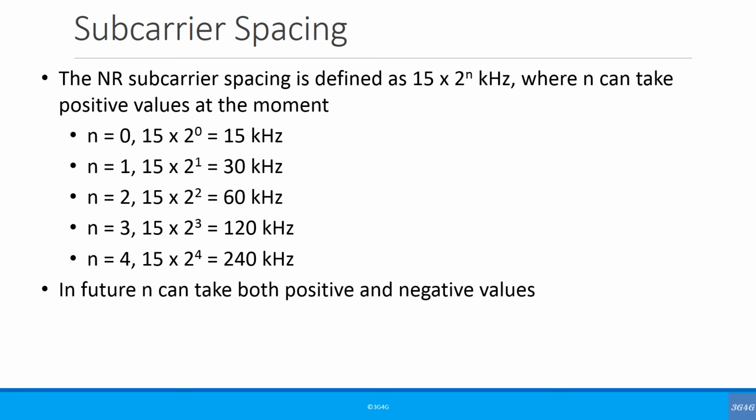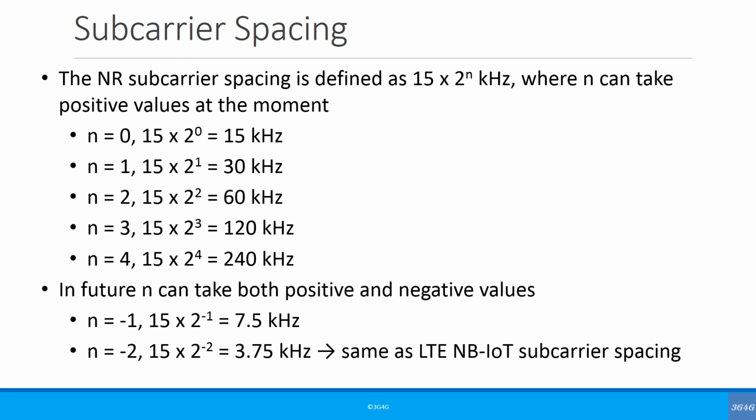Now, in future, and I'm not sure about this, but this is what I think it's going to be, that n will be able to take both positive and negative values. So n equals -1, you have the 7.5 kilohertz, which is the same as LTE if you use certain broadcast multicast frames, right? n equals -2 becomes 3.75 kilohertz, which is the same as LTE narrowband IoT subcarrier spacing.